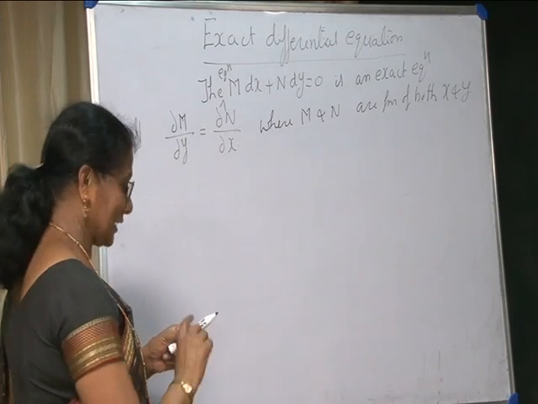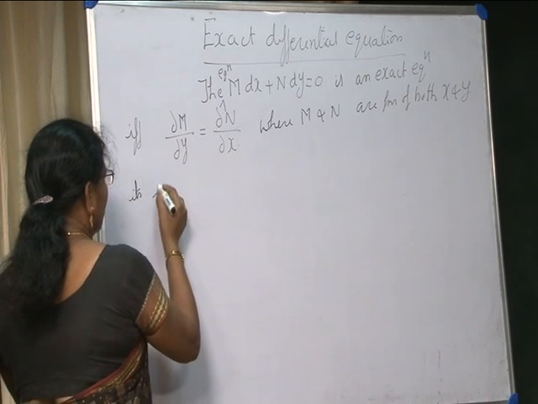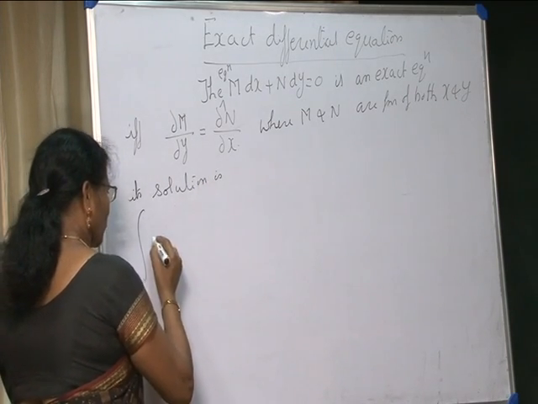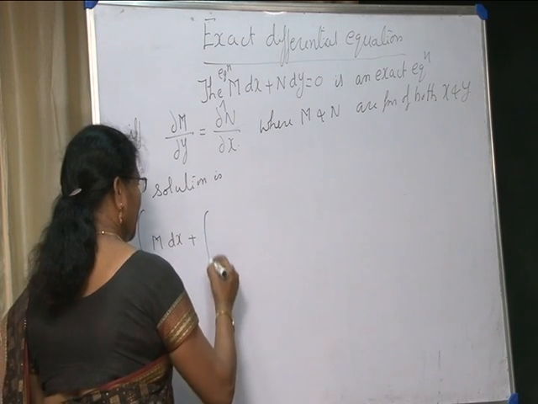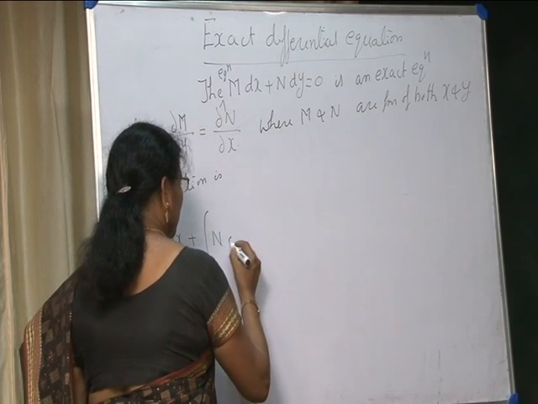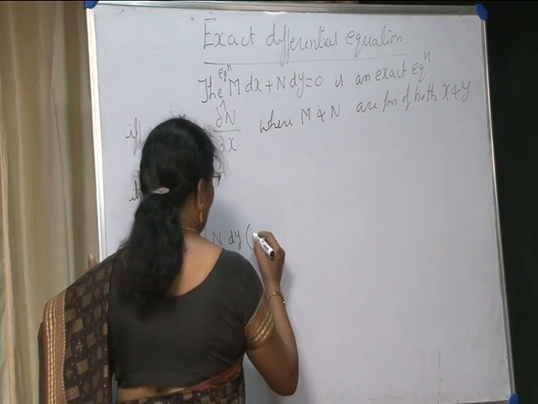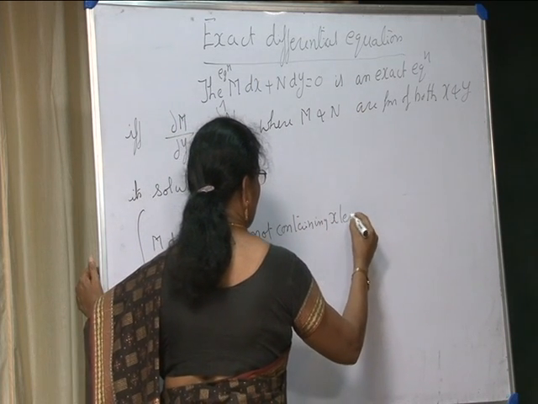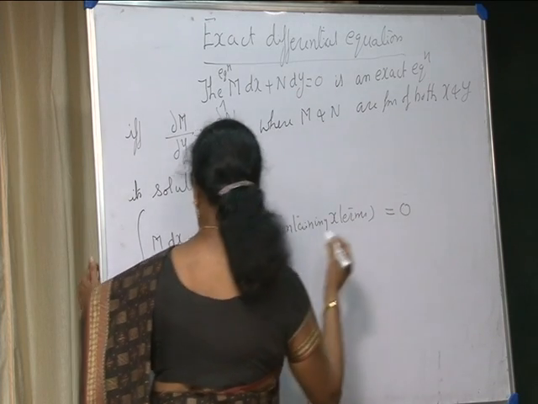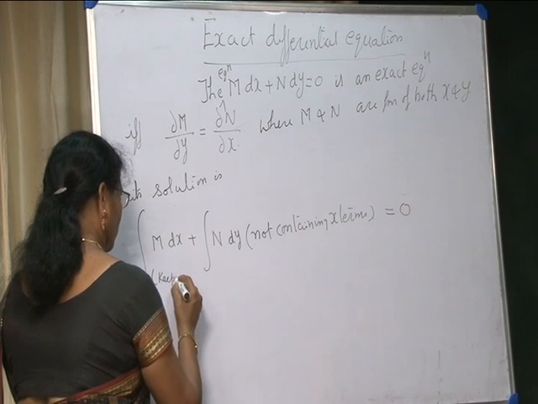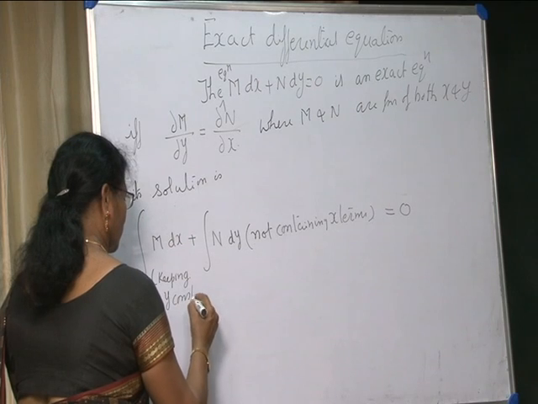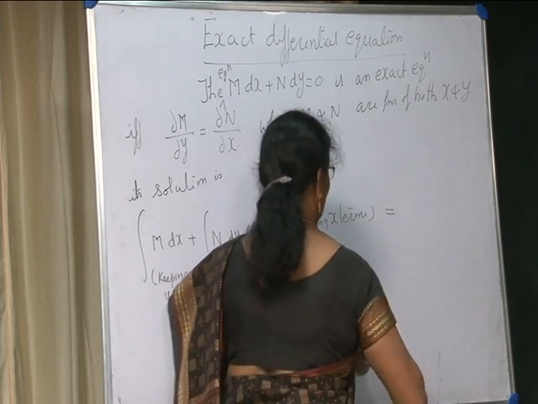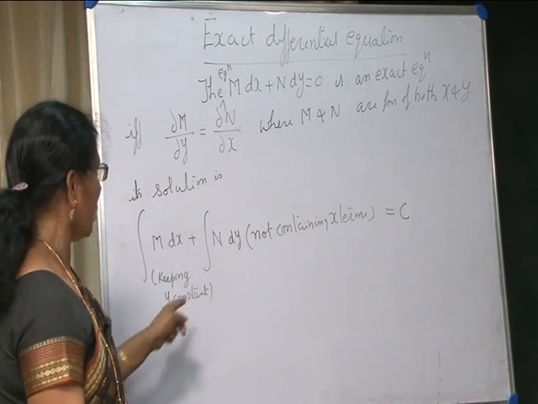If the given equation is exact, its solution is integration of M with respect to x plus integration of N with respect to y, equal to C. This is the solution, where C is a constant.